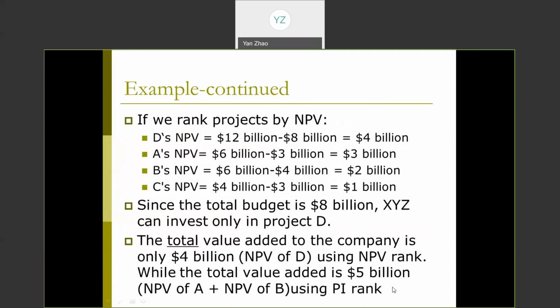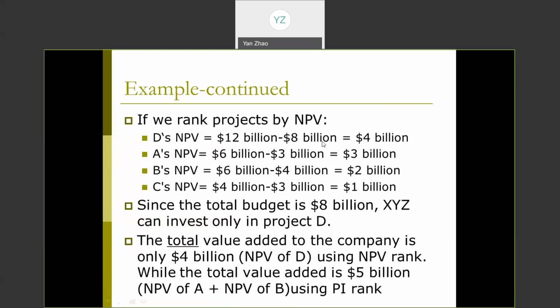Let's look at the next page. Now, let's calculate the net present value for each project and rank all the projects according to the net present value. The definition is your future cash flow discounted to time 0. So the present value of all future cash flows minus your initial investment.